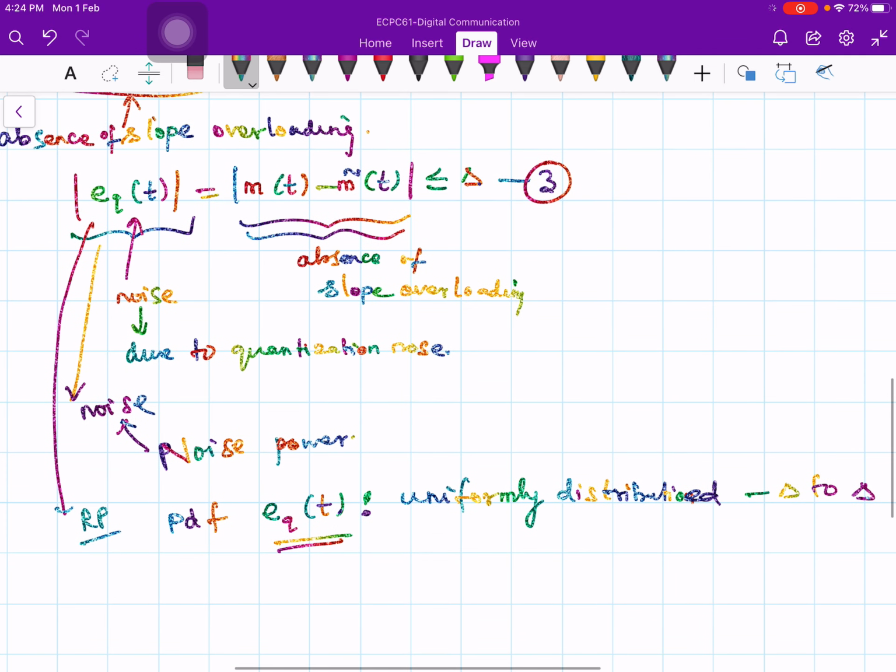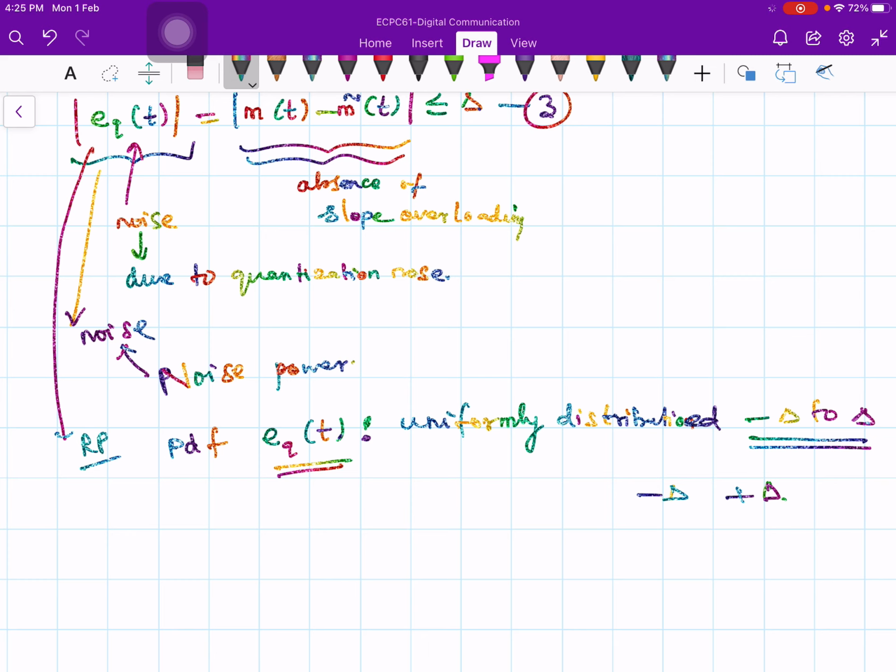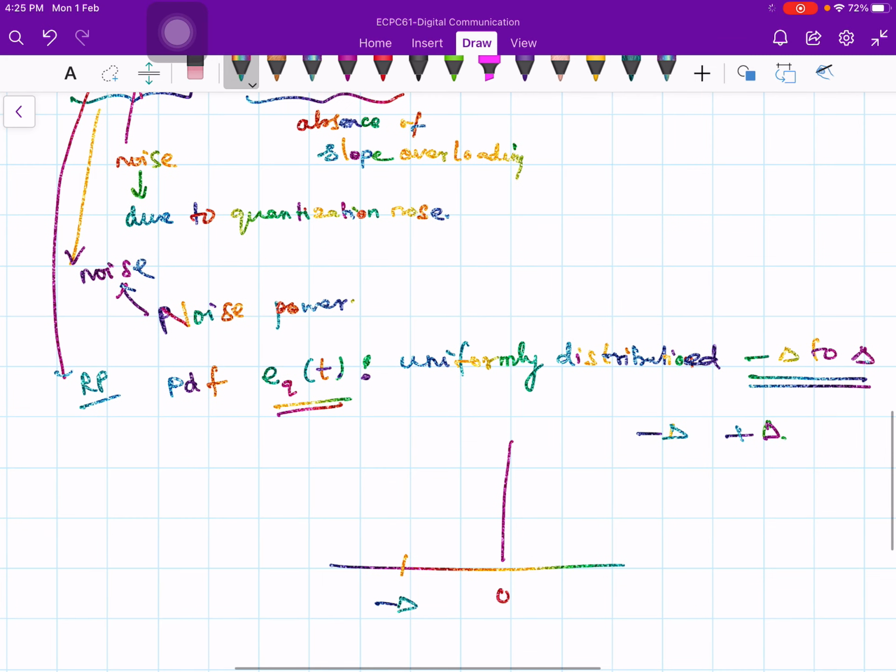And from equation 3, the magnitude of e_q(t) is less than delta. That means the values lie between minus delta and plus delta. So the maximum you can have on one side is minus delta and on the other side is plus delta. Therefore we will assume the PDF of e_q(t), with minus delta, 0, and plus delta, is uniformly distributed between this and that.